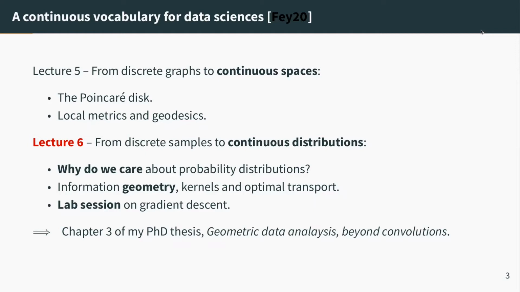So 2 weeks ago, we talked about Riemannian metrics, and basically the idea was to see what happens when you try to go from discrete graphs to continuous spaces. So we spent quite a lot of time talking about the Poincaré disk, because it's one of the, I think, most interesting toy examples of what can happen when you distort locally the Euclidean metric.